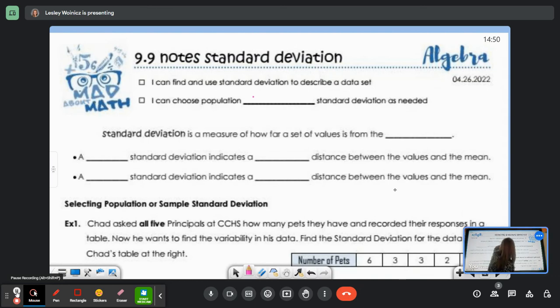Deviation or sample standard deviation? So standard deviation is just a measure of how far a set of values is from its mean. The mean, remember, is the x with the bar over it.